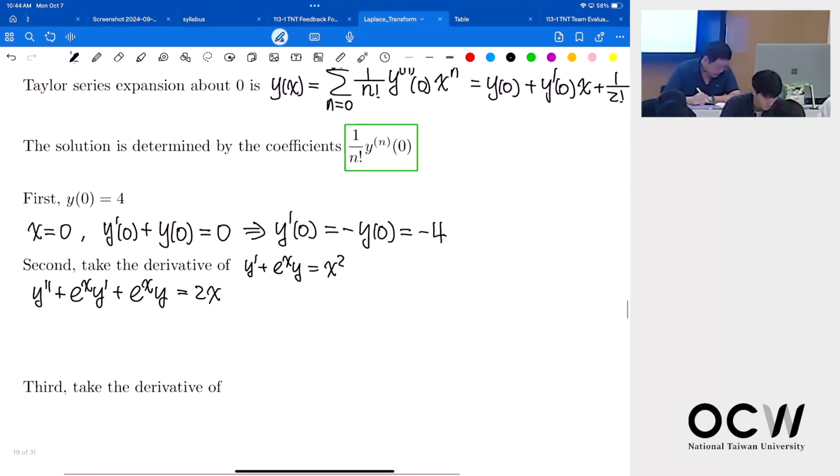Then we can set x equals 0 because we have the information for y of 0 and y prime of 0.